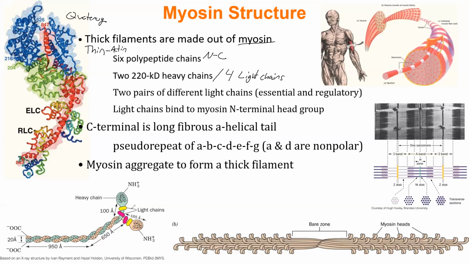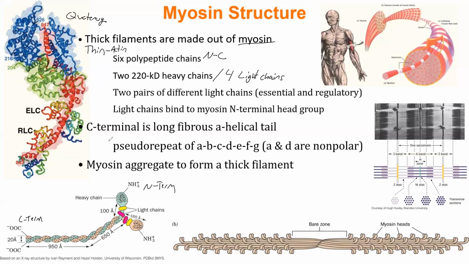The heavy chains, you've got 2 of those, and they wrap around each other, forming a helix with each other. At the very end, you have these head groups. That's the N termini, the head groups. And where they end when they're wrapping, that's the C termini. So N terminus, C terminus. And wrapped around each head group are 2 of these light chains. So they bind at the N terminus of myosin.